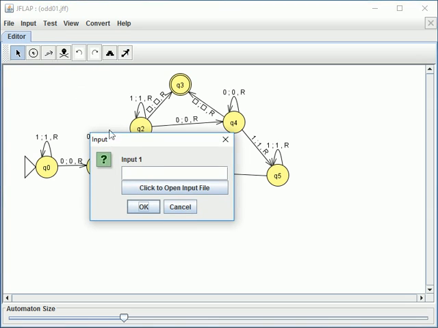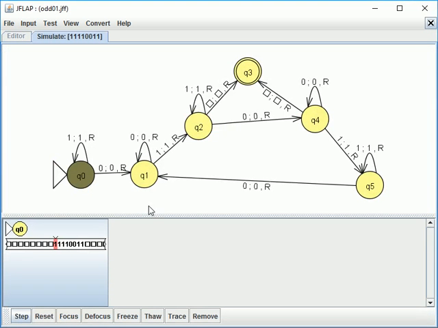If we try something like, let's throw in a few ones to begin, and then a couple of zeros, and a couple of ones, we can see that on the initial ones, we stay in Q0. Only when we actually consume a 0 do we move forward into Q1.